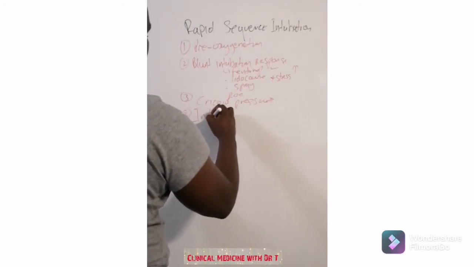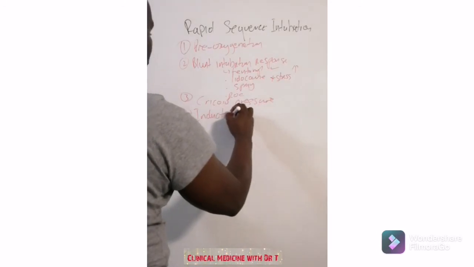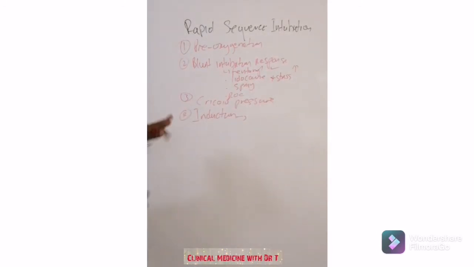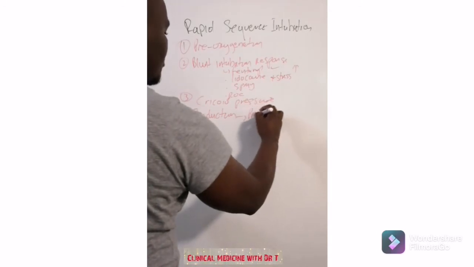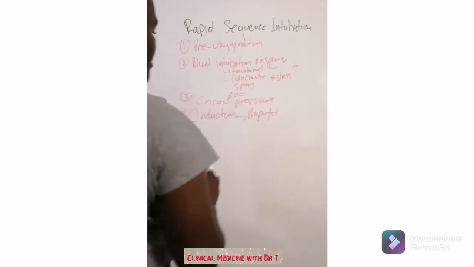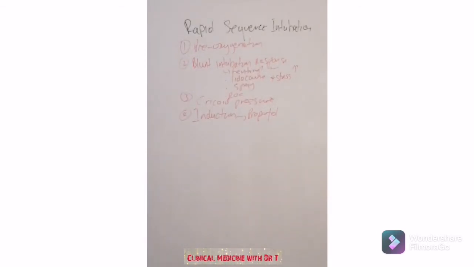So you give the induction agent, which is propofol. The thing is, once you give a patient propofol, you are gonna make that patient unconscious, and once they become unconscious, their airway will be compromised. The patient that is unconscious, their airway is gonna give way.